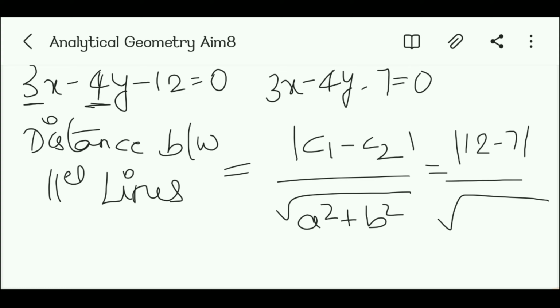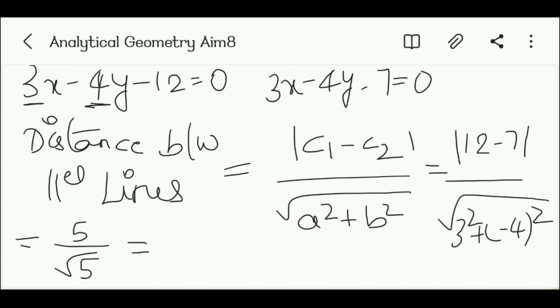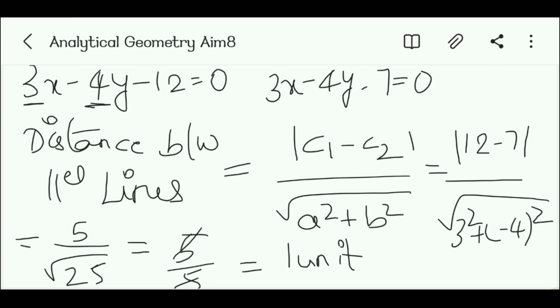For both it is the same. Just substitute that: 3 square plus minus 4 square. So that would be 12 minus 7, which is 5, by 3 square is 9, 9 plus 16 is equal to 25, root over 25 is 5 itself. So the answer is 1 unit.